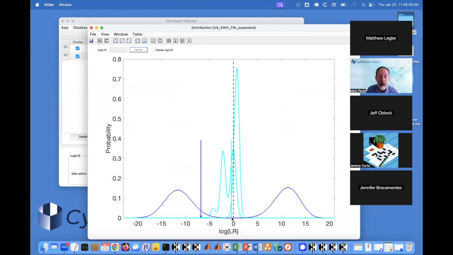Okay, so what you see is the right distribution in that light green blue color has moved from the blue curve that's centered at around 12, which is the KL statistic. That's the average of the curve, 10 to the 12. And it's moved to the left to somewhere, if you look at the peak, that's less than 1. So by not having data, the contributor distribution has very little information.